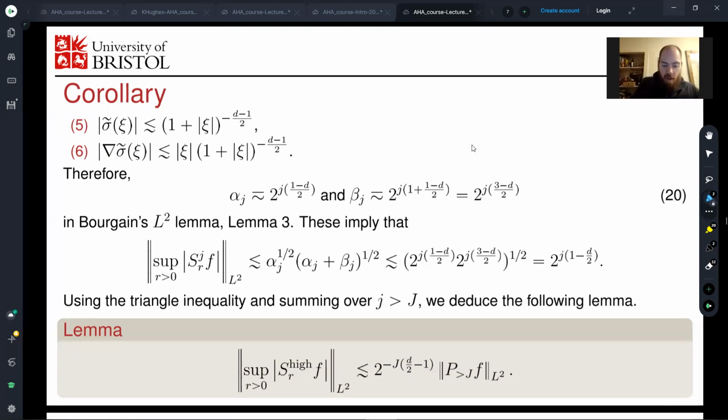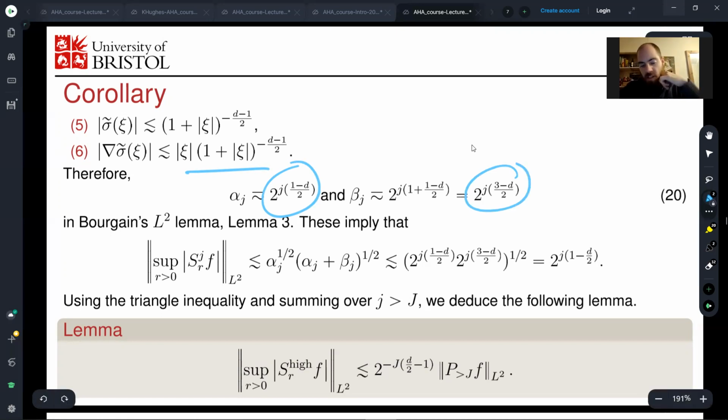All right. Well, what are the alpha j and the beta j? Let's recall the bounds we have for the spherical measure. Its Fourier transform decays like this, and the gradient of its Fourier transform decays like this. So that means my alpha j is just 2 to the j times 1 minus d over 2, and beta j is similar. It's 2 to the j times 3 minus d over 2.